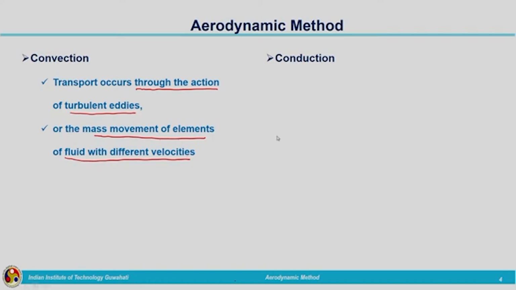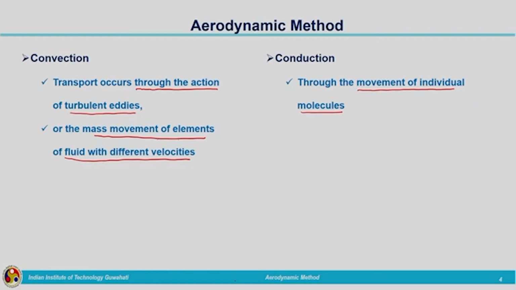But in the case of conduction, it is due to the movement of individual molecules. That is, the conduction process is taking place through the movement of individual molecules, but in the case of convection it is not due to movement of individual molecules, it is due to the mass movement of elements of fluid.